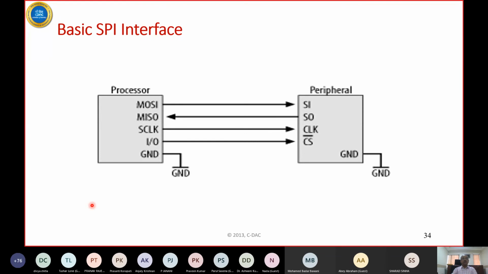This is the simplest form in which a processor can communicate with a peripheral. Master out sends data out, master in receives the data, the clock is always sent by the master, and chip select is generated through an IO pin.